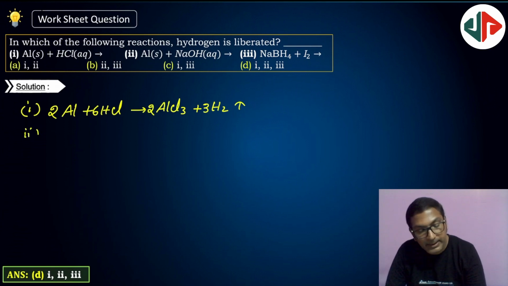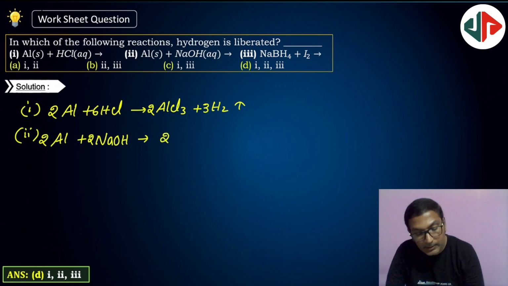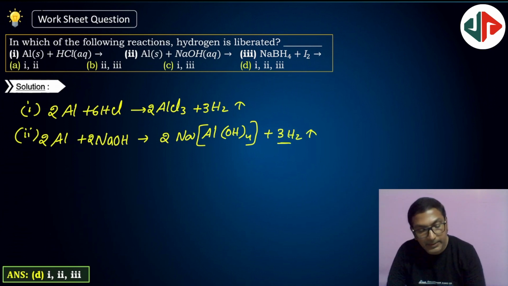Hydrogen gas will be released. Next, Al plus NaOH. So 2Al plus 2NaOH gives 2NaAl(OH)4 plus 3H2. Here also hydrogen gas will be released.